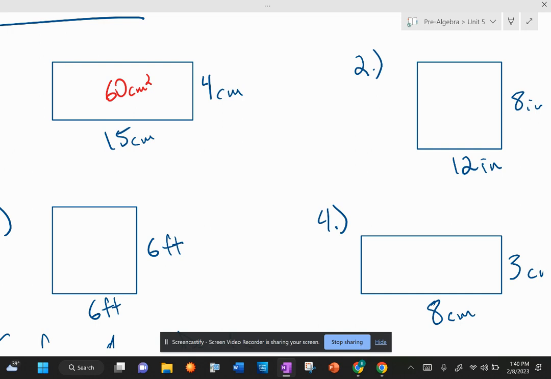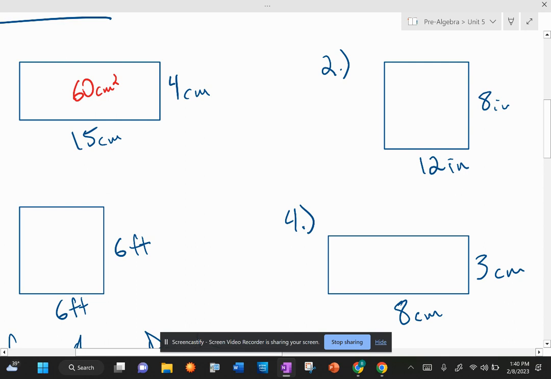Okay, so if we're going with number two, Leanna, what'd you get? 96 inches squared. Oh, I almost wrote 6 inches squared. We do not have six-dimensional shapes.